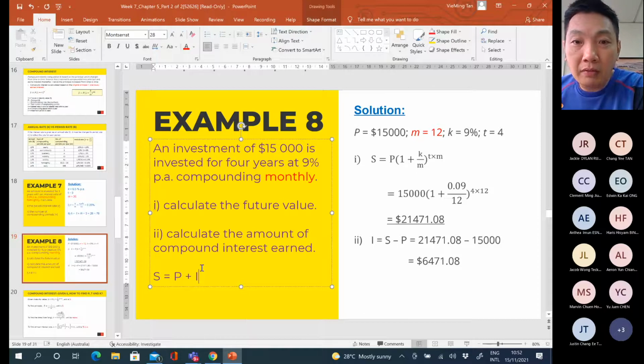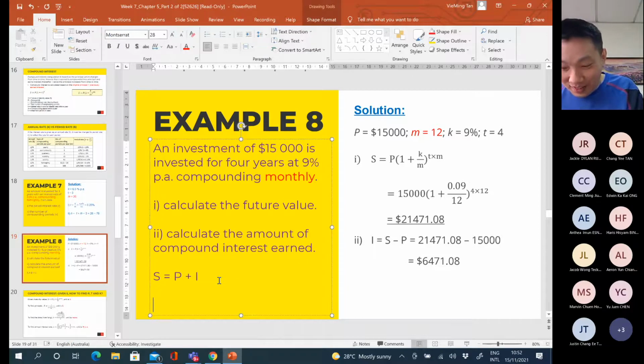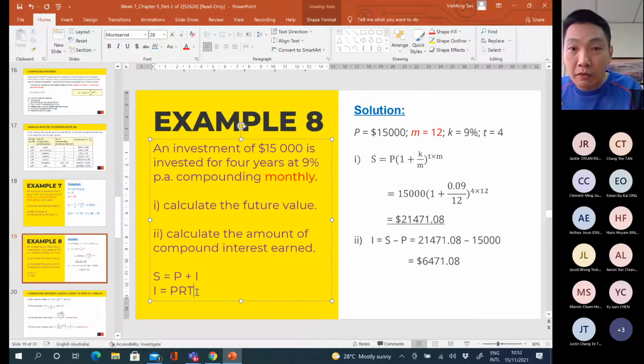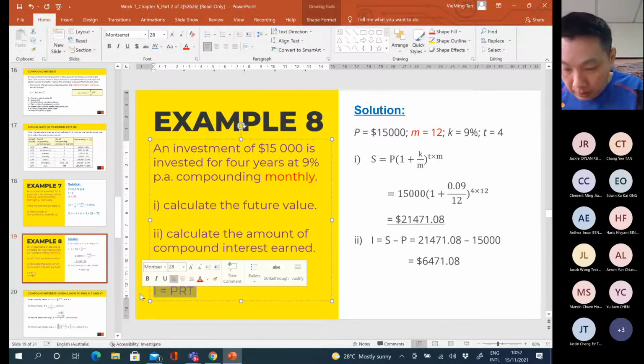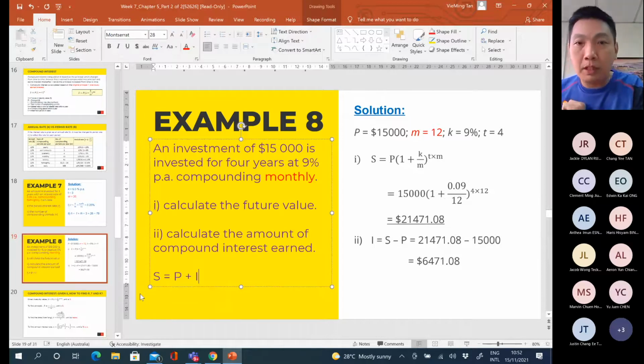We cannot get the I value directly. For this question, we cannot use this formula to get the I, because it's a compounding question. This formula for I is for the simple interest question.